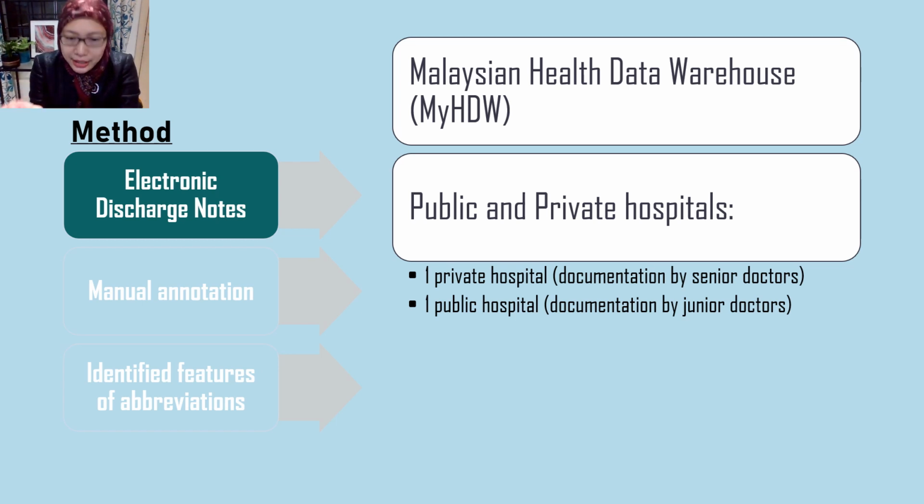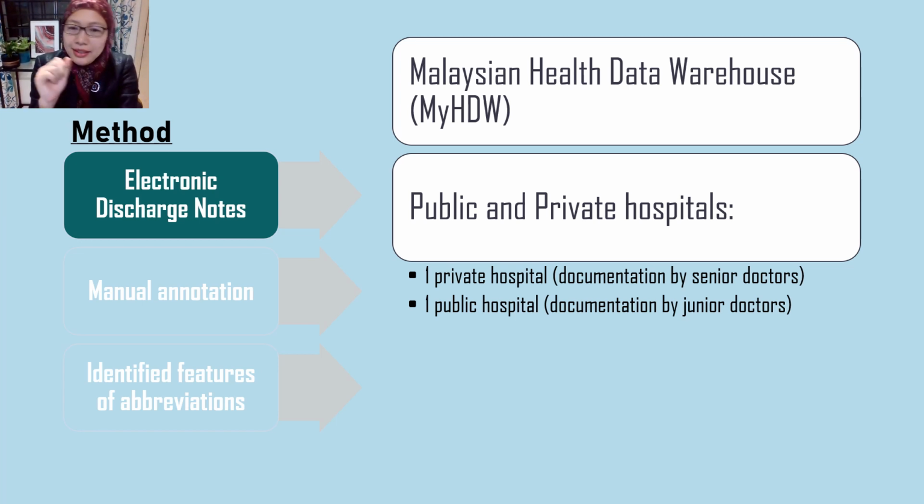It is regular in Malaysian practice that the juniors, those doctors who are house officers who are still in training to get their medical license, are tasked, are responsible for the documentation. So we can assume that discharge summaries from the public hospitals are documented by junior doctors.